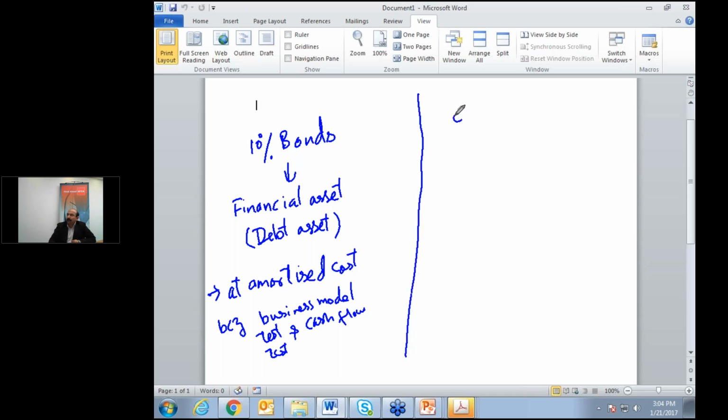Now what happened? You enter into an interest rate swap, from fixed to floating. And this interest rate swap is also a financial instrument.